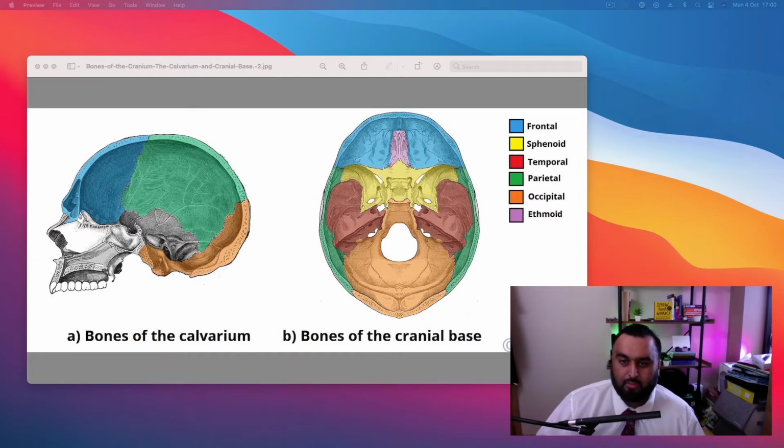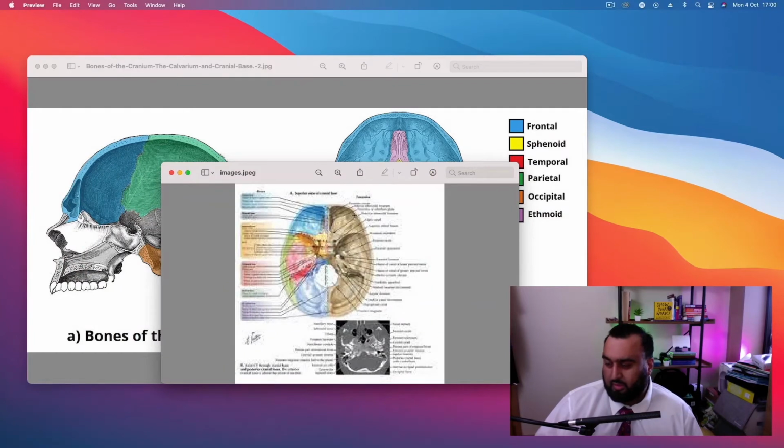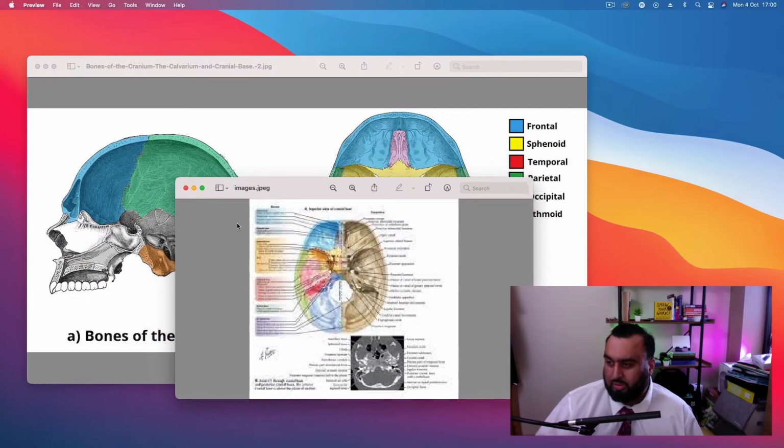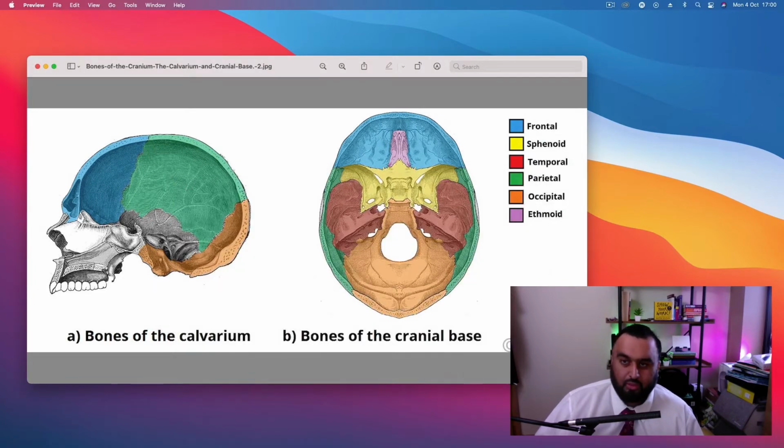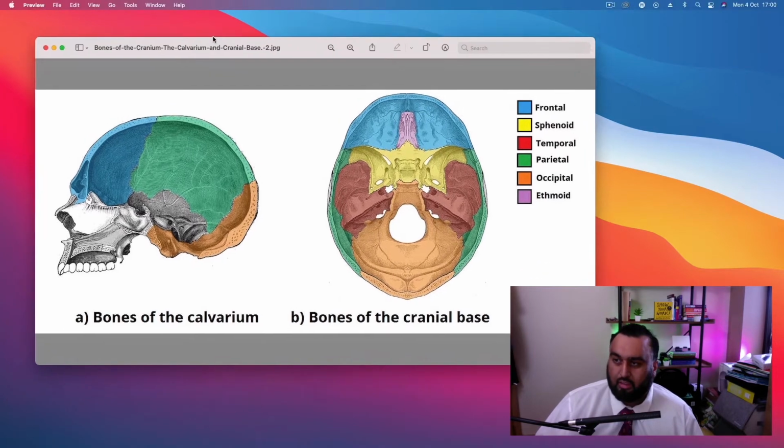Let me give you an example. Here, let's have a look. There's so much information going on there, and without the color coding, it gets even more difficult if we just look at a regular skull. So I'm just going to take that image away. I don't like that image.